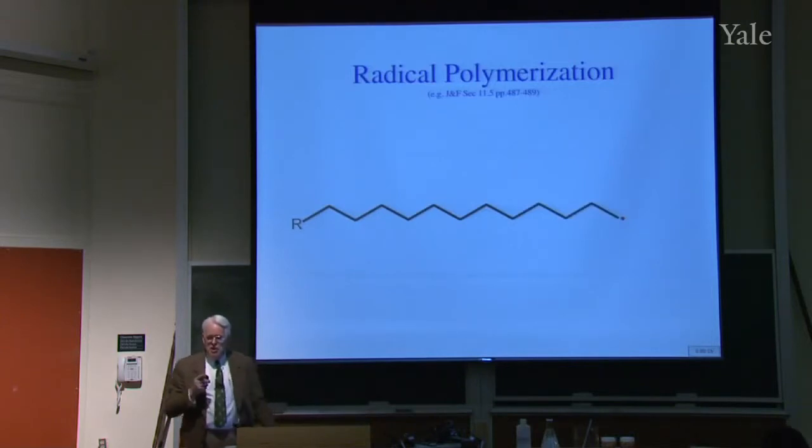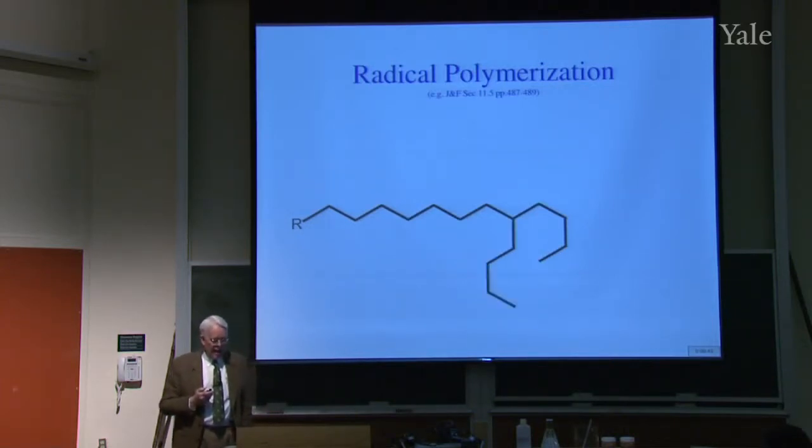But the difference is that in this case, you can get rotation around this bond to get that form. And when you do, that radical is close to this hydrogen. And you can go from a primary radical to a secondary radical. Okay? That's downhill.